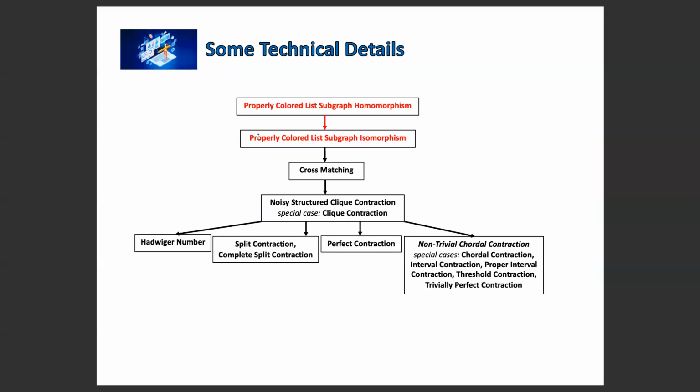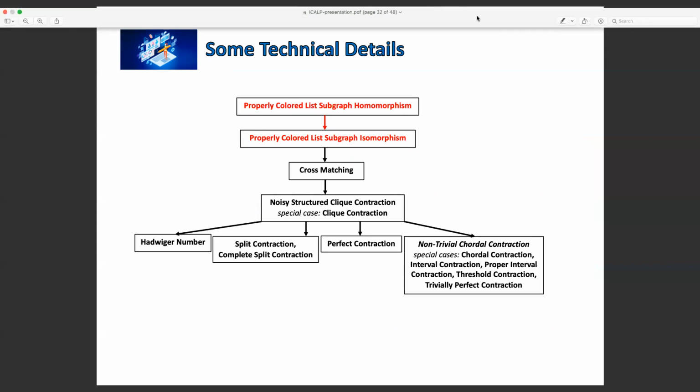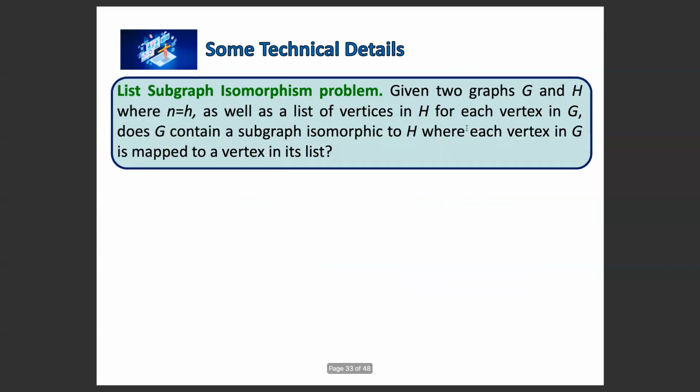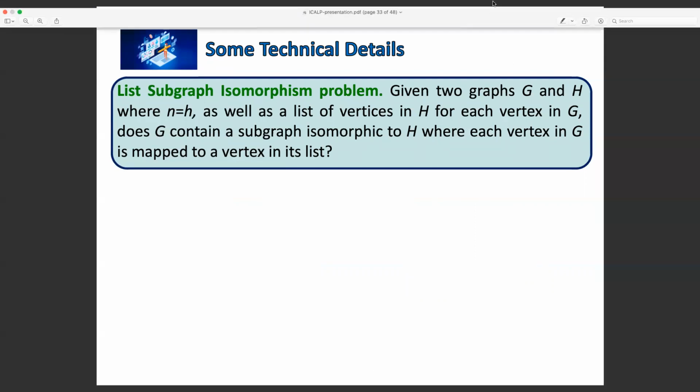So let's start with the first reduction, where we saw hardness, that we cannot solve in n to the little o of n, a problem called properly colored list subgraph isomorphism. The list subgraph isomorphism problem is defined as follows.